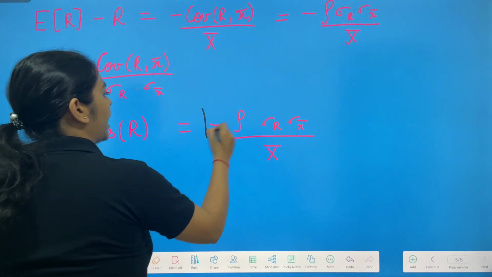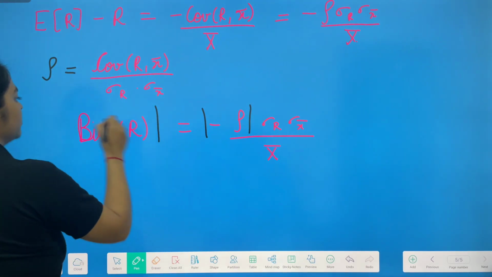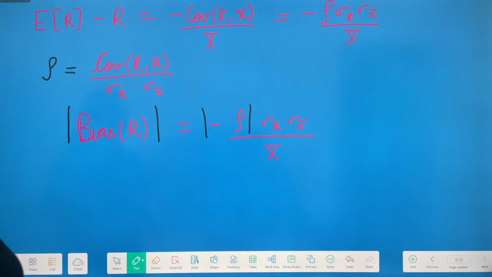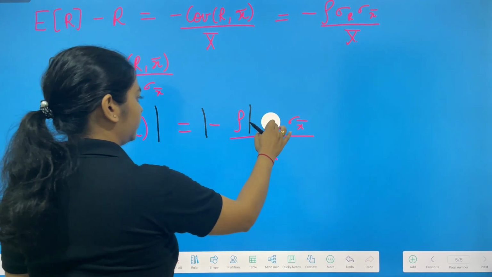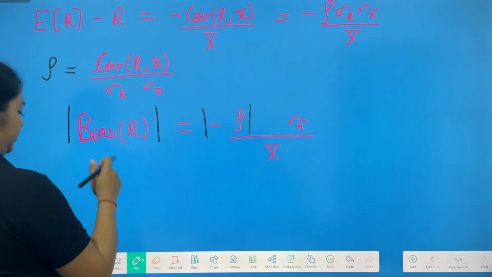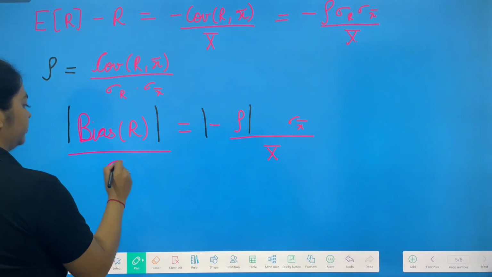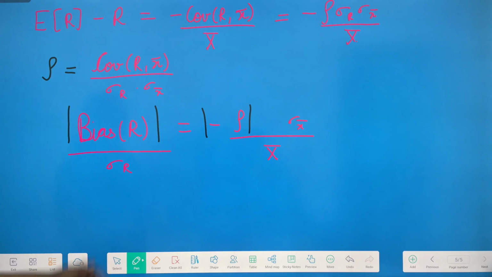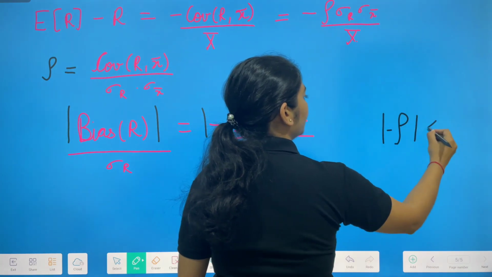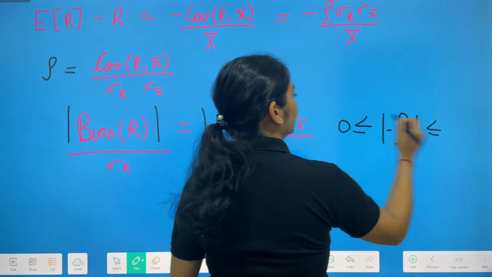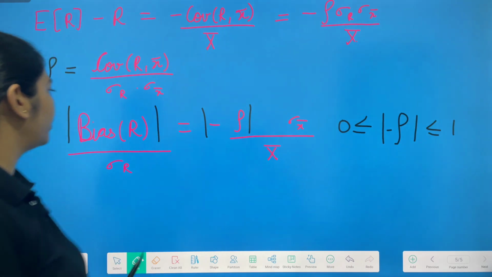This rho can be taken as positive, and this sigma R can be written down here. So this will be our upper bound. We know that modulus of rho goes from 0 to 1, so this also will go from 0 to 1.